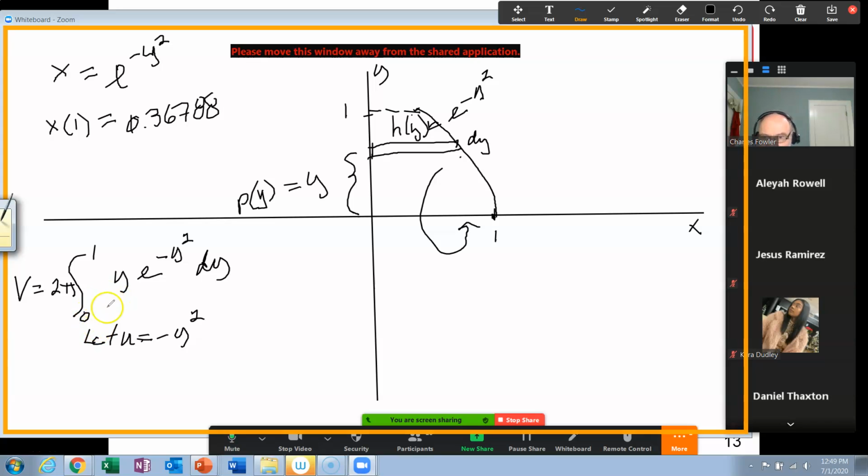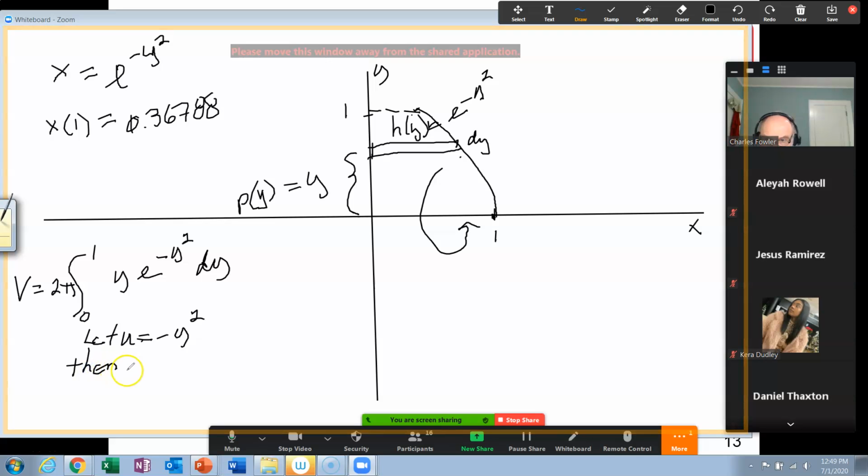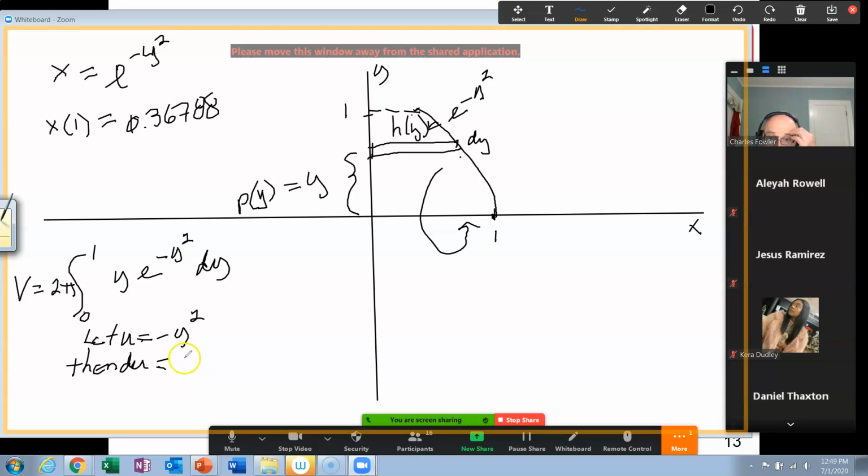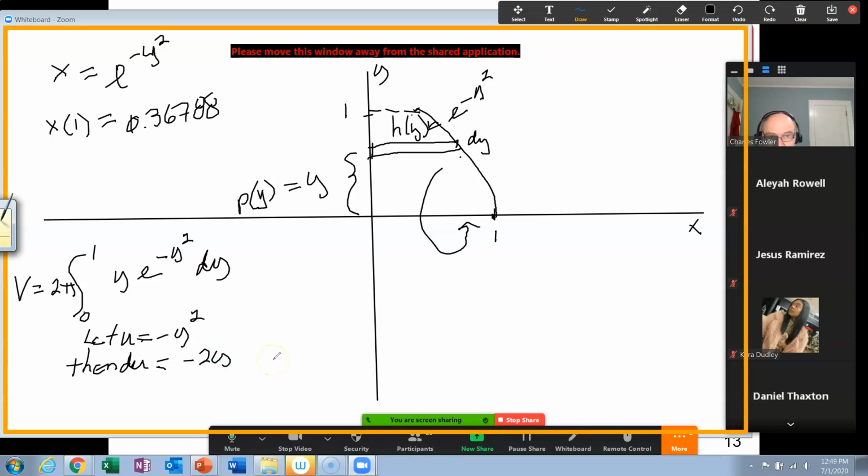Always, if you have a let, follow it with a then. Then du, that's the then that you follow with. Anyone tell me what that is? That's minus 2y dy.